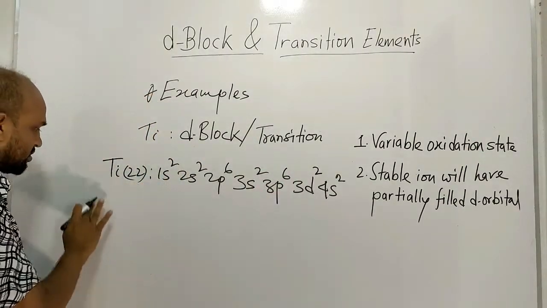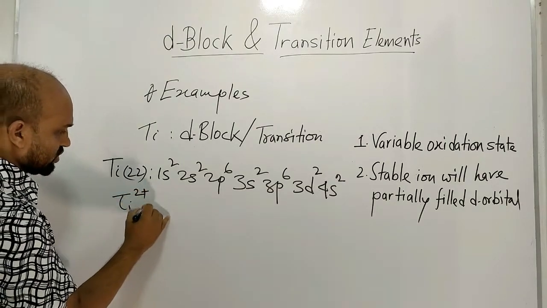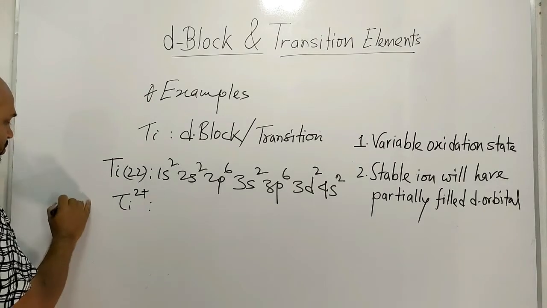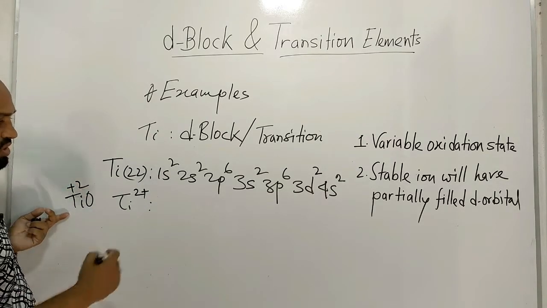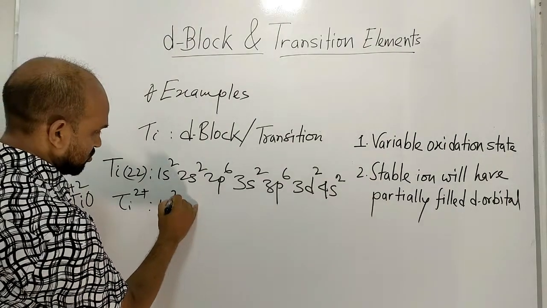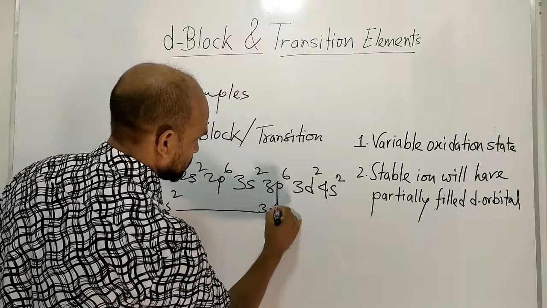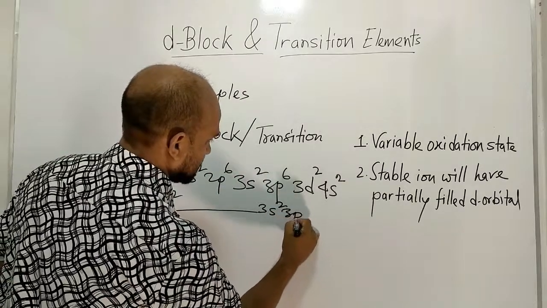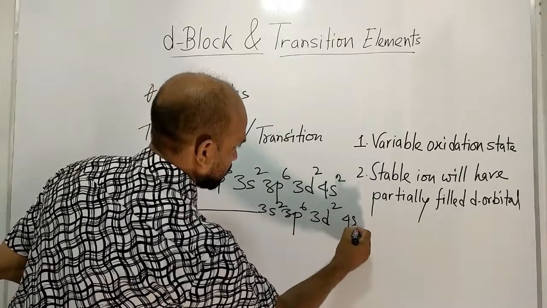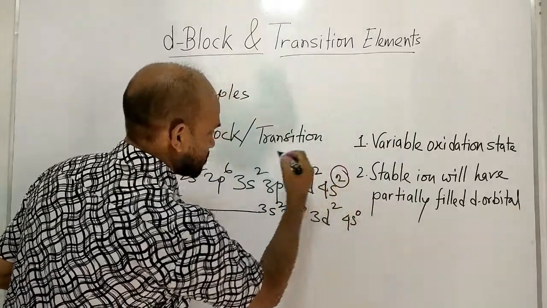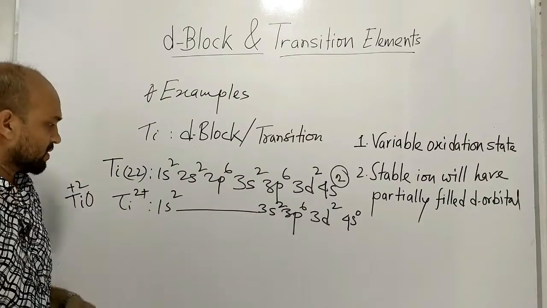Now let's see some ions of titanium. Titanium 2 plus, that is compound titanium oxide, oxidation number 2. Here electronic configuration 1s2, 3s2, 3p6, 3d2, 4s0. That means these 2 electrons will go away, 2 plus.